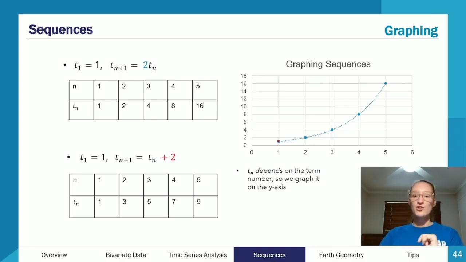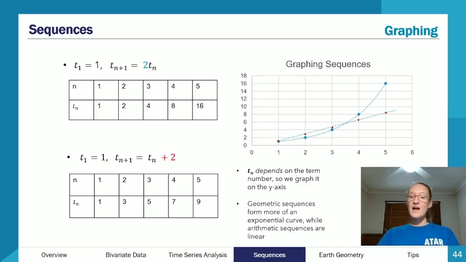Whereas if you follow the red dots that are going to be popping up on the screen, you can see that when we graph an arithmetic sequence, like that line there, we actually get that straight line, that linear growth or decay if it's negative.